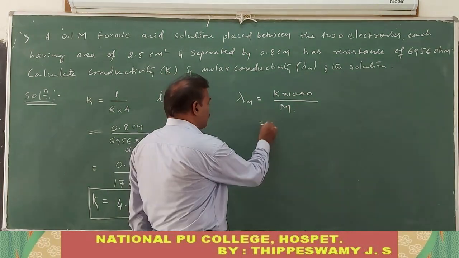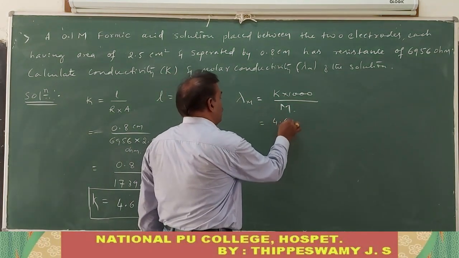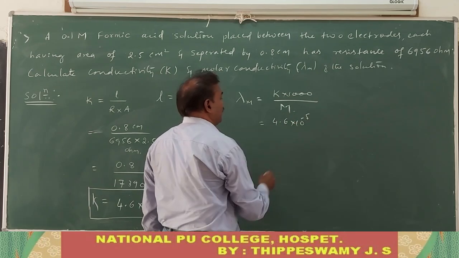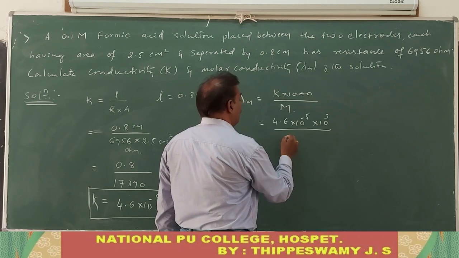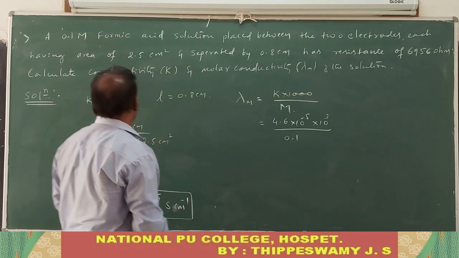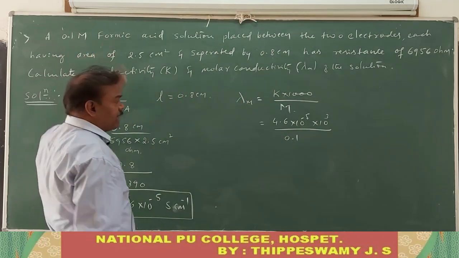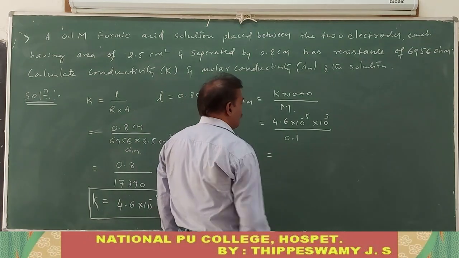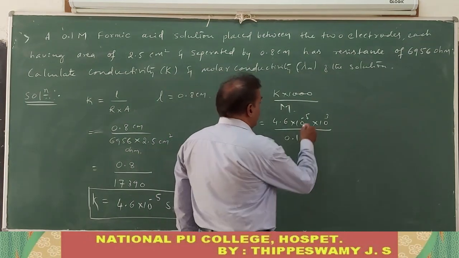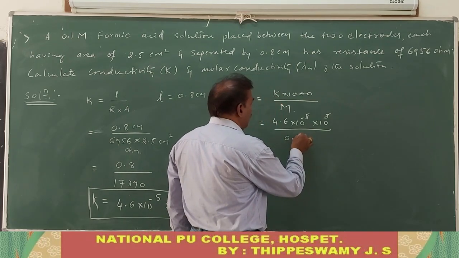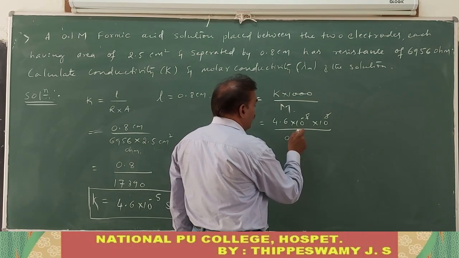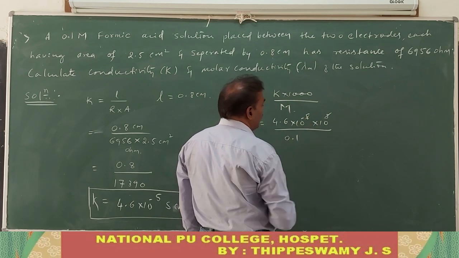Substitute the value of K, that is 4.6 into 10 to the power minus 5, into 10 to the power 3, or 1000, whole divided by 0.1. This is the concentration of the solution, that is formic acid given. Now tell me what answer you are getting. 10 power minus 3 plus 3 will get cancelled, and 10 power minus 1 and minus 1 get cancelled.